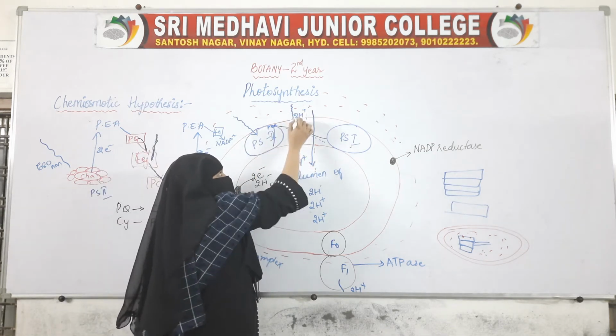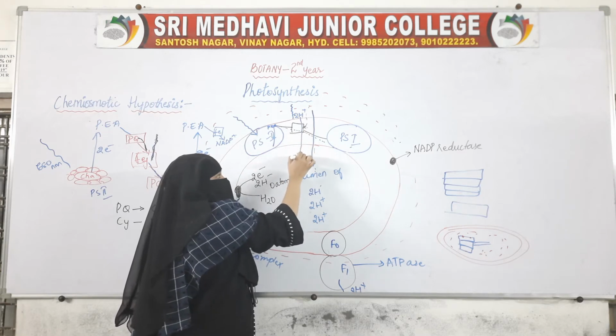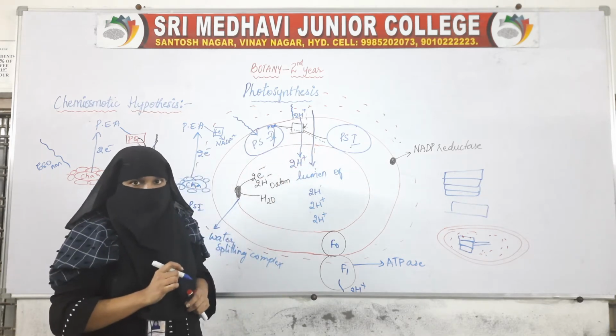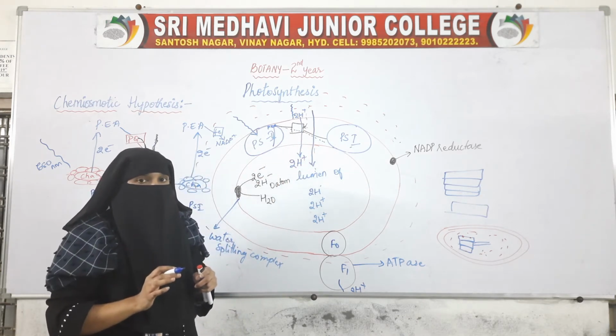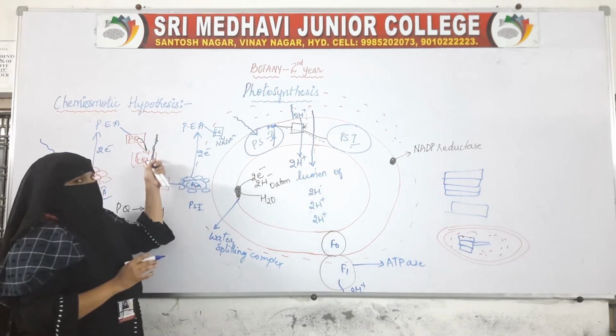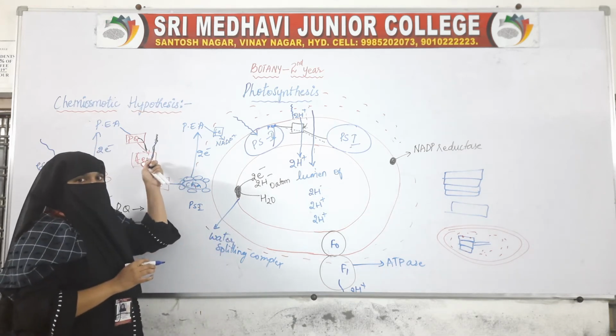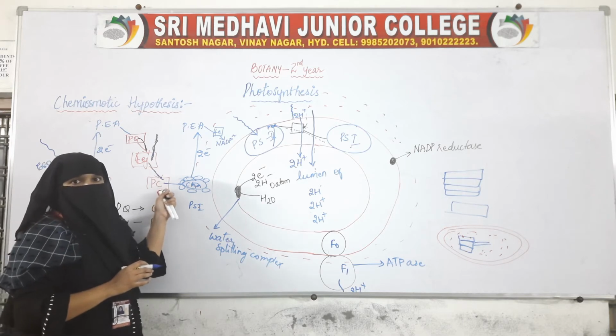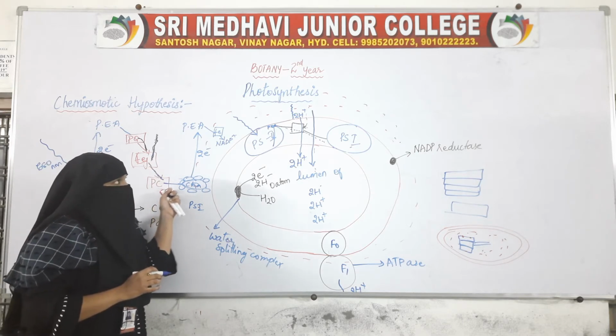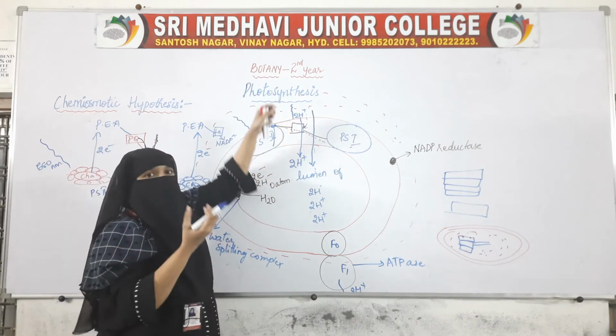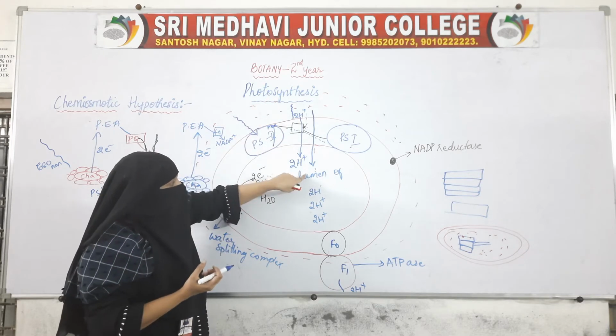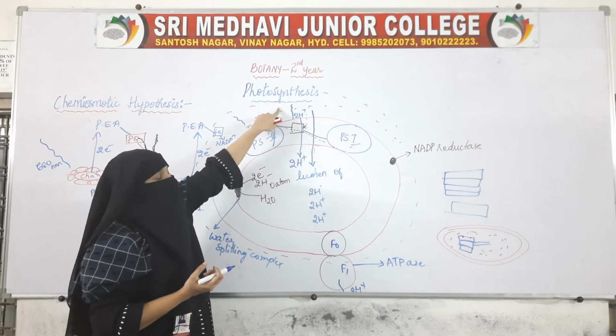So how has it been transported? By the energy produced by cytochrome when it was passing the electron to plastocyanin. With the help of that energy, a proton is pumped into the lumen from the stroma.